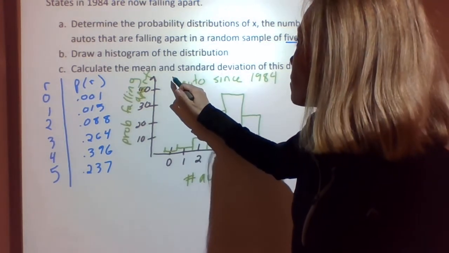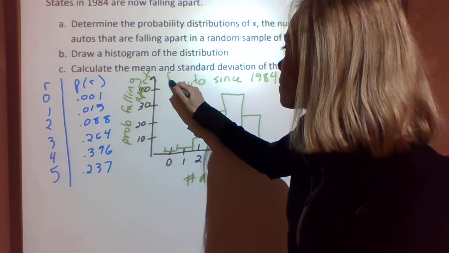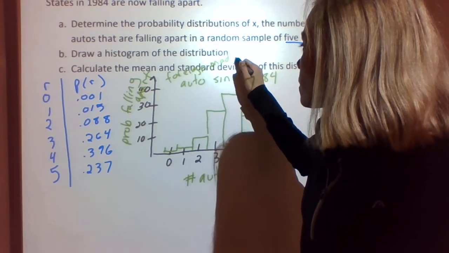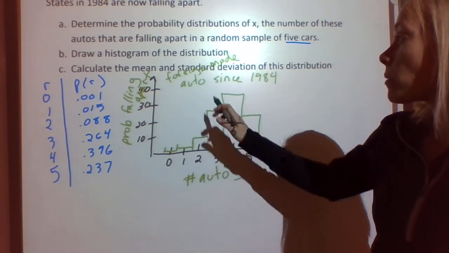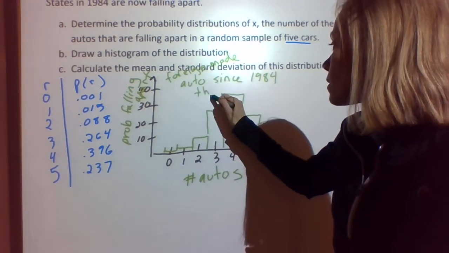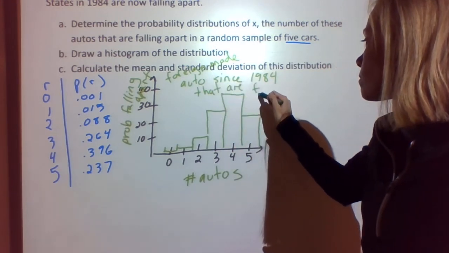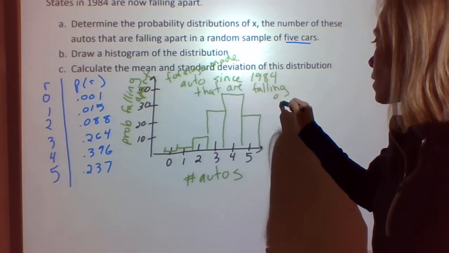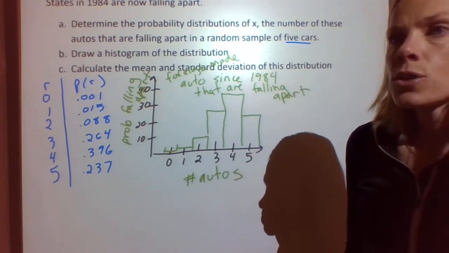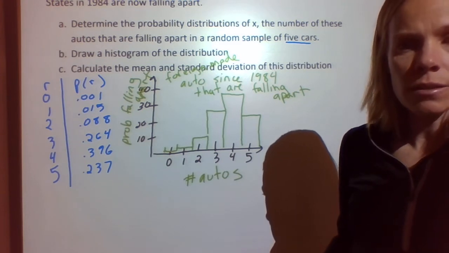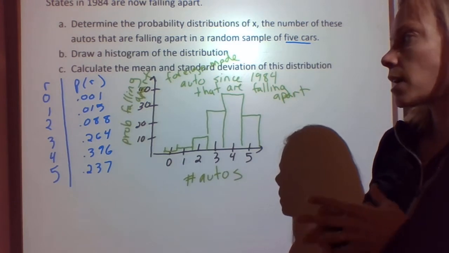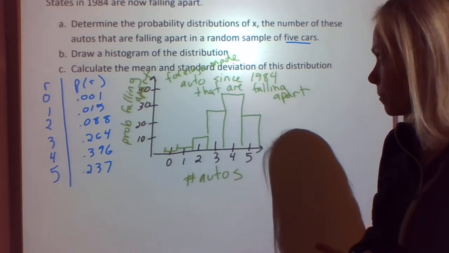Oh, foreign, I probably need foreign made. That's probably important, right? Foreign made. If I was reading this graph as a reader, I would want to know it's foreign made autos since 1984 that are falling apart. And some titles are going to be lengthy, but a title should be what you need it to be for the reader to understand. Sometimes short titles aren't always feasible because it doesn't make sense. You need a title that lets the reader know what you're talking about.